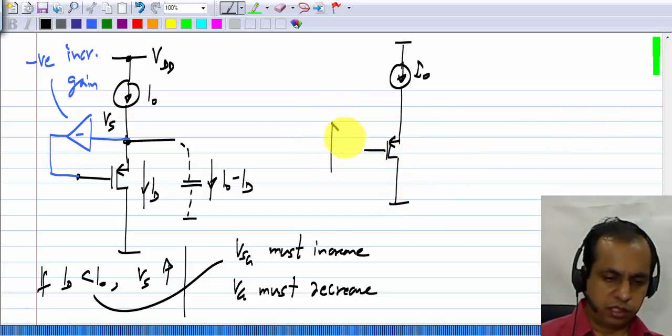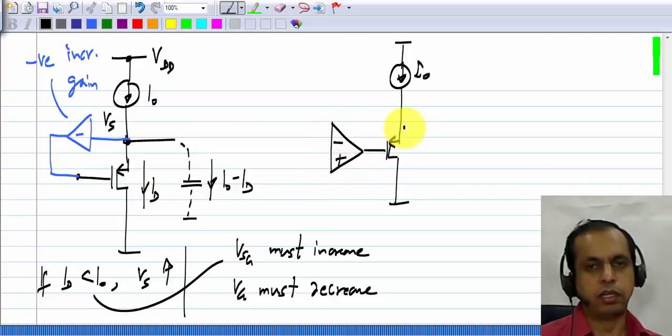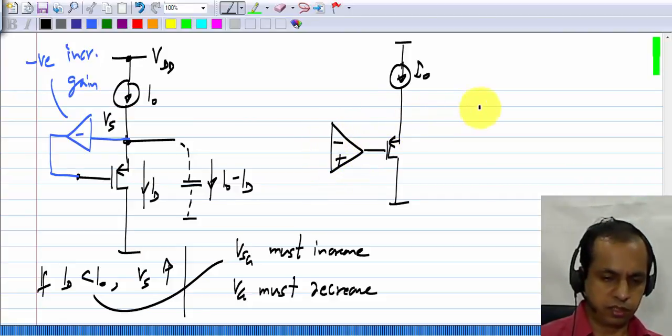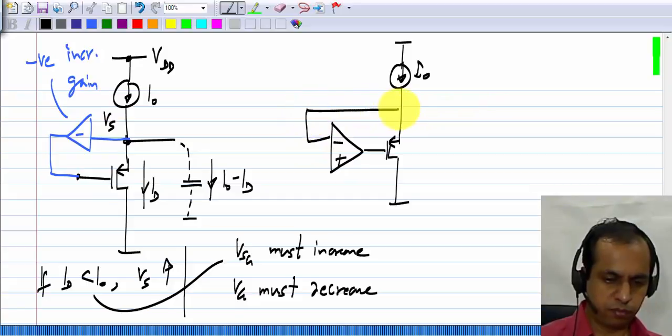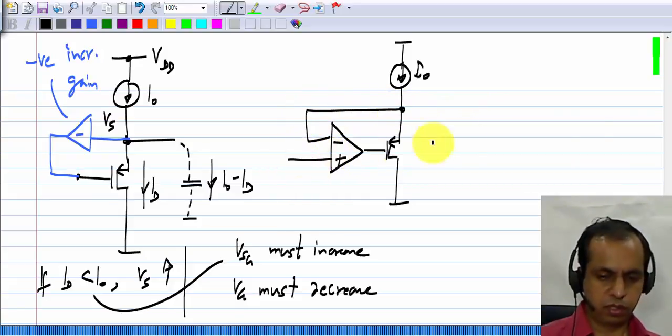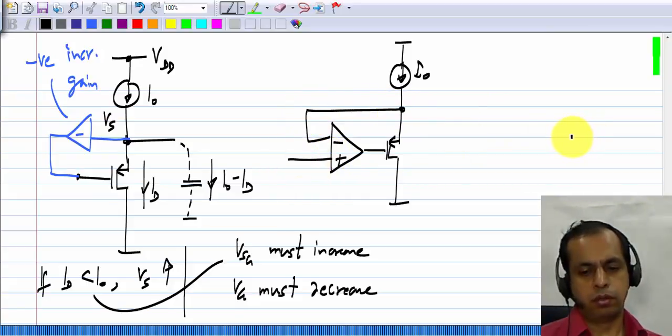And an example is to use an op-amp, again because we need an inverting structure. We do this, the inverting terminal of the op-amp is here.